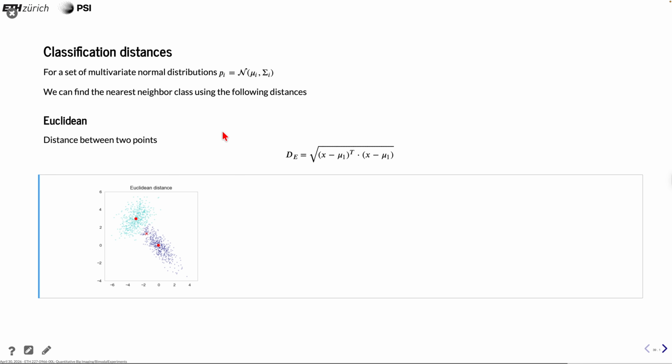Now that we have, with the help of Gaussian mixture models, a model with a collection of Gaussians, we need to find out if a point in this fitted data belongs to class A or class B. The easiest way to do it is, in principle, a nearest neighborhood approach, where we have the distance between the points, and then we just compute the Euclidean distance.